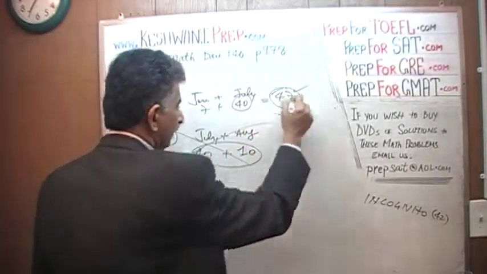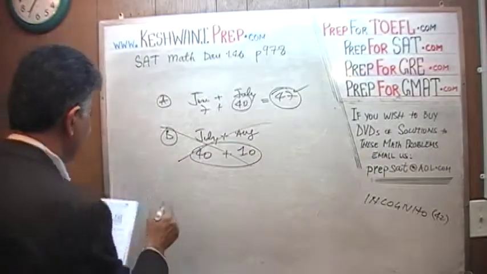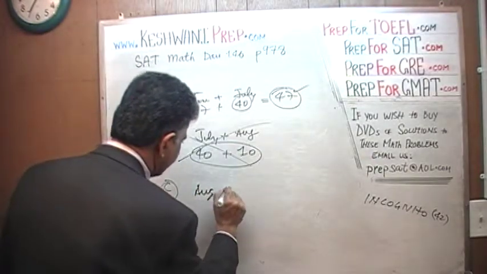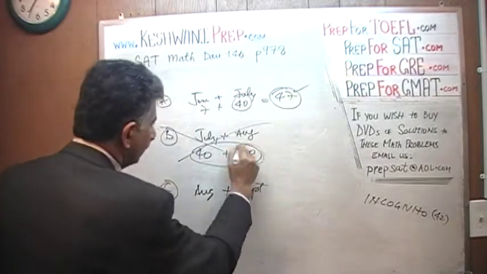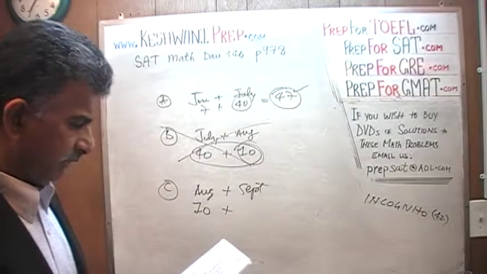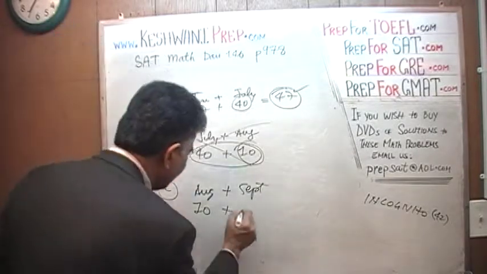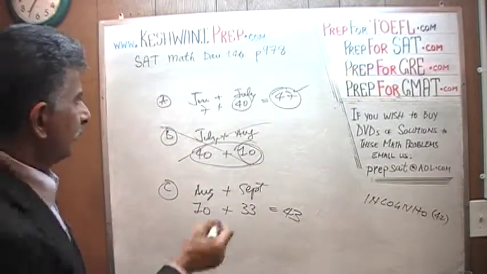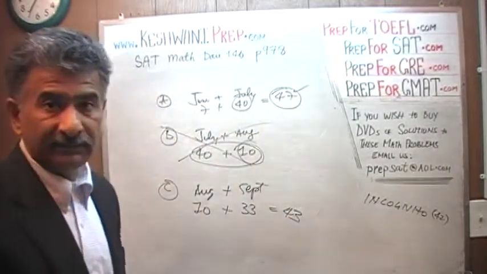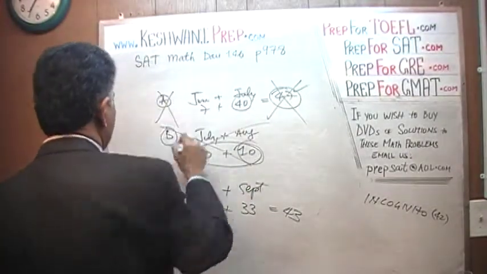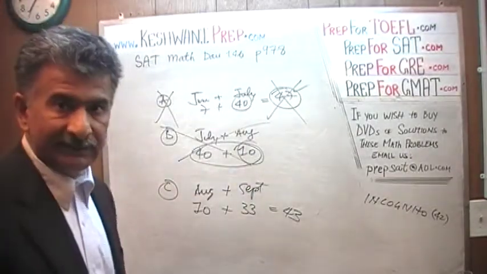Let's look at C. C says August and September. August we know is 10, and September, if you look at the graph carefully, comes out to be about 33, 34. So it is about 43. Well, that one was 47. Since we're looking for the least number of books, that one is out of the game. So far C is the least one.